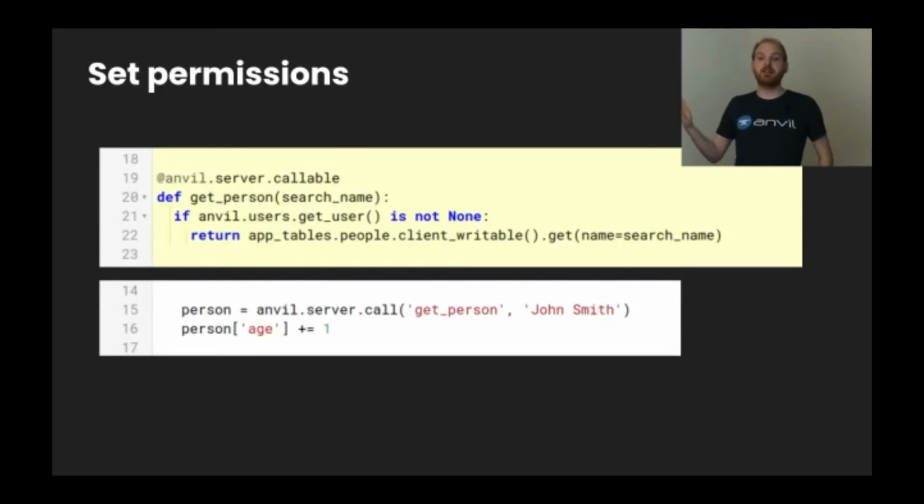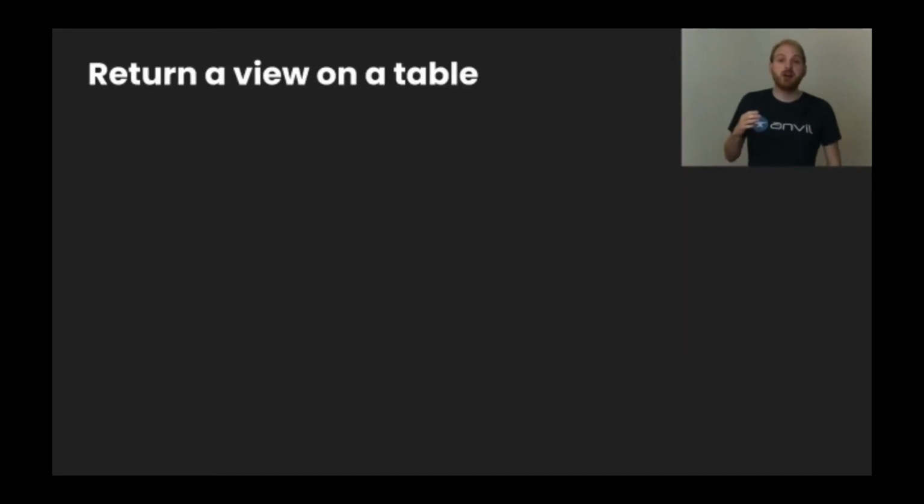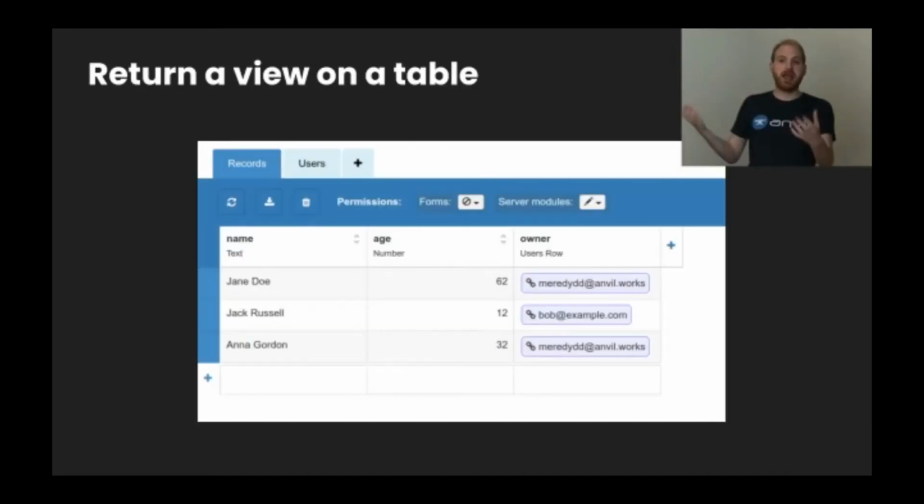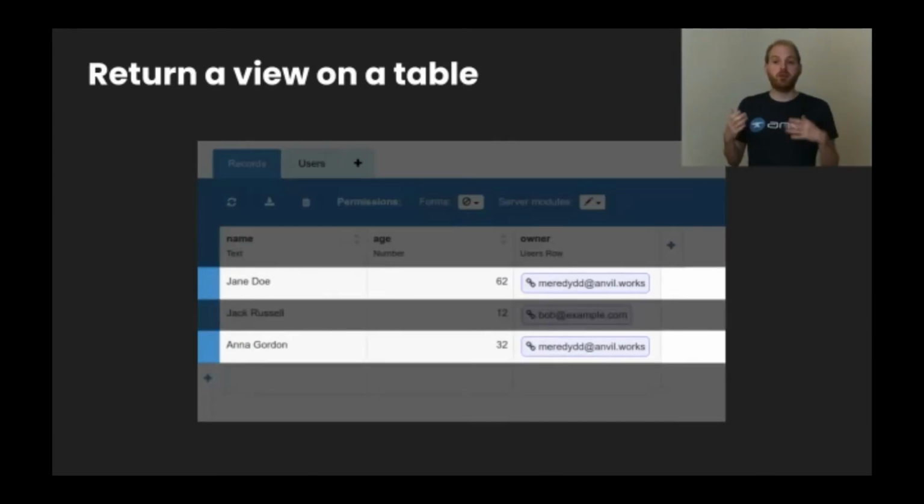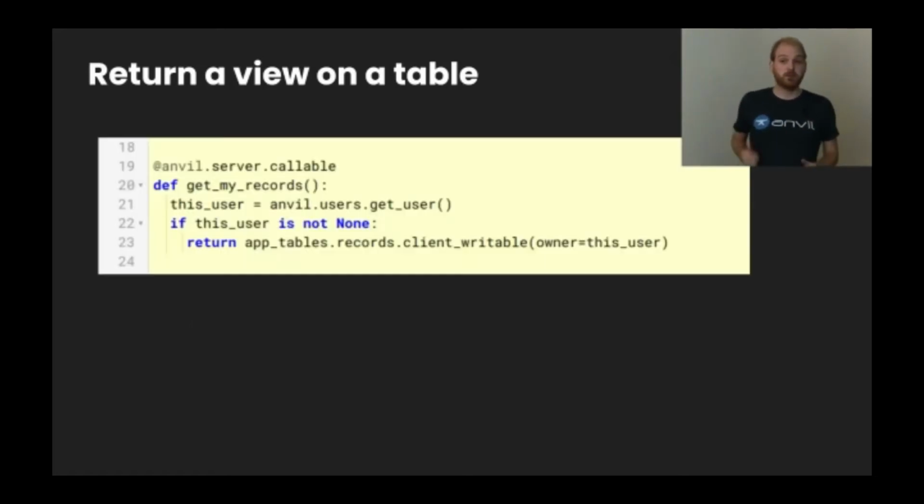We can be even fancier than that. We can return a view on a table. So imagine I have a table of records. Each record is linked to an owner, a row from the users table. And I want to return only the records which are owned by the currently logged in user. Well, we can do this.